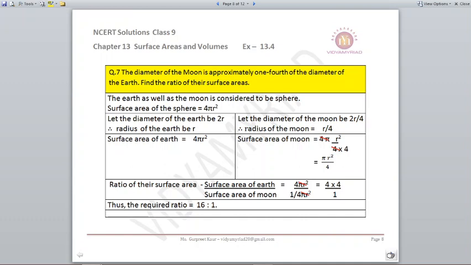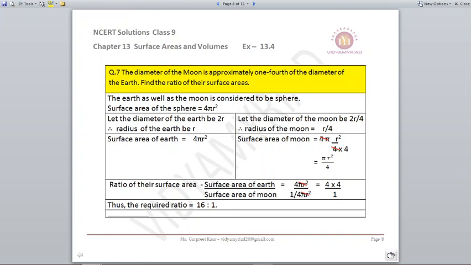Question number 7. The diameter of the moon is approximately 1/4 of the diameter of the earth. Find the ratio of their surface areas. Now the moon and earth both are in a sphere shape, and we know the surface area of the sphere is 4 pi r square. So let us just assume the diameter of earth as 2r, so therefore radius will be r.